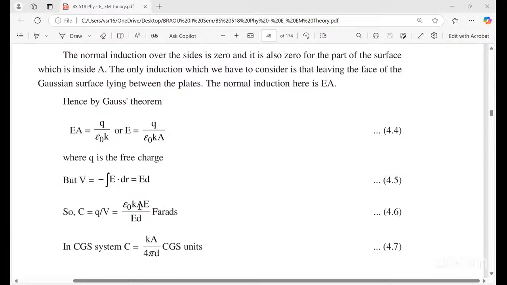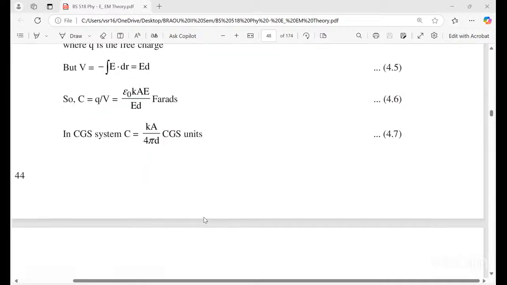But V equals minus integral E dot dr. Substitute here, what you will get. So C equals Q by V. Substituting, you will get this.